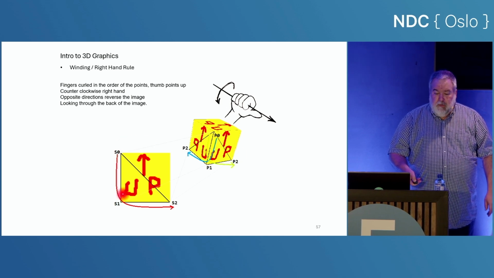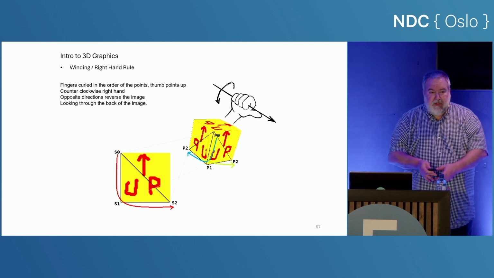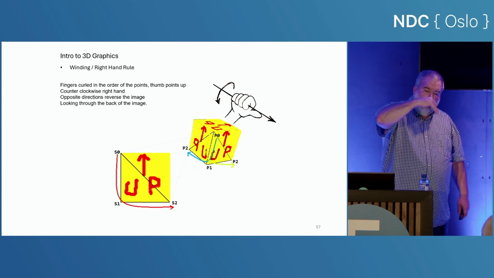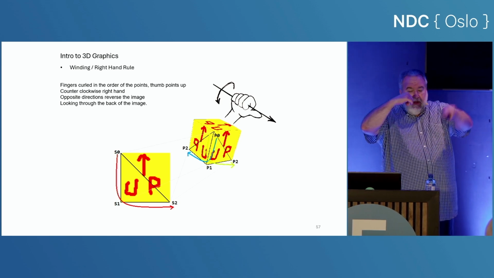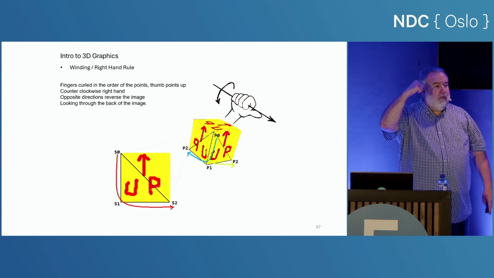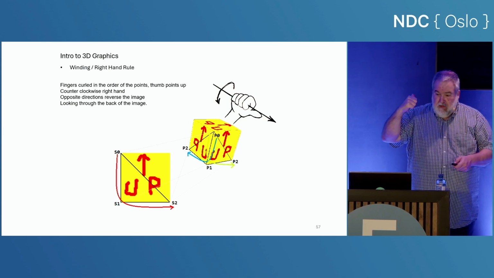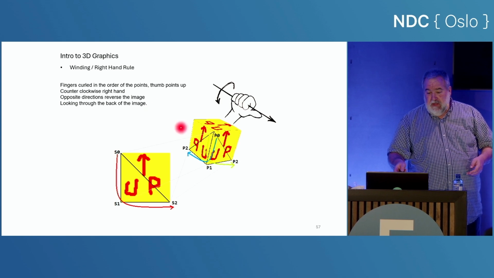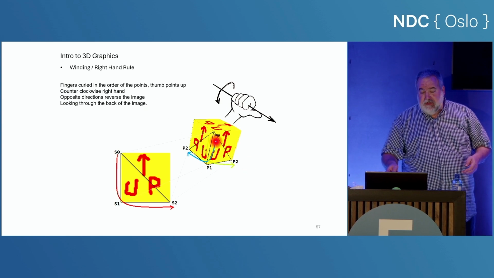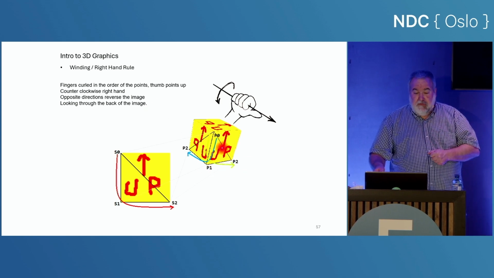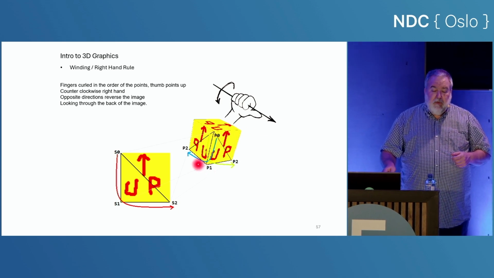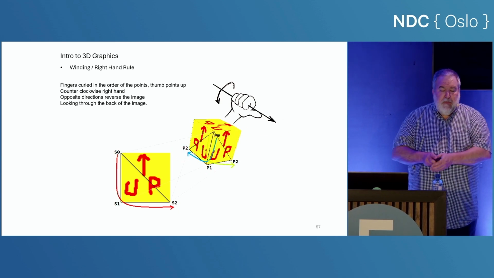So you got the points that go in this direction. If you take your fingers and you wrap them in the direction that they go around that triangle, your thumb will be pointing up. When you go to paint it on the surface, that's the direction of the up that your fingers curl, so it's forwards. Here, we actually assigned it to a cube and did it backwards.